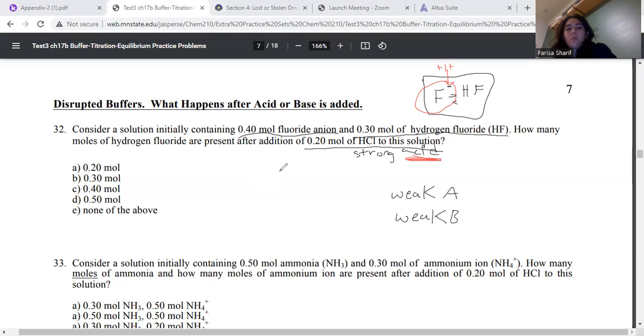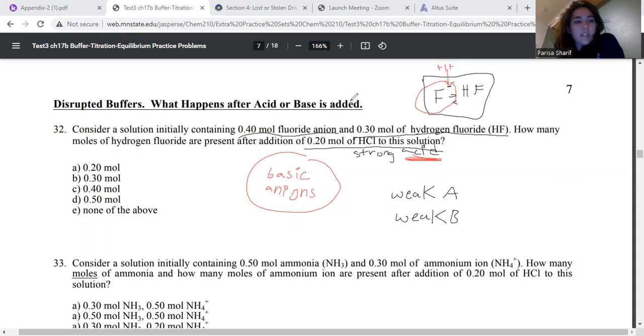Because what you need to remember is this is a basic anion, right? It's a basic anion because it's the conjugate of a weak acid, because conjugates of weak acids are basic anions. Okay, so that means it can take the proton, which is what bases do.